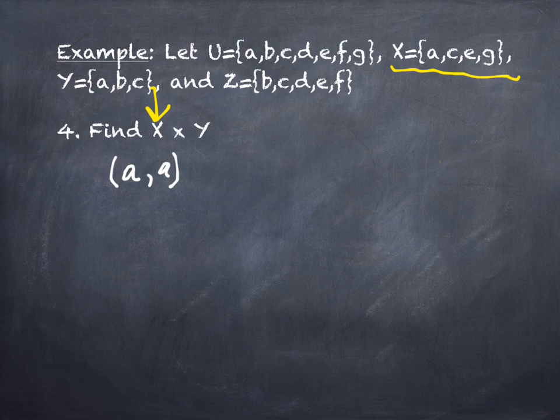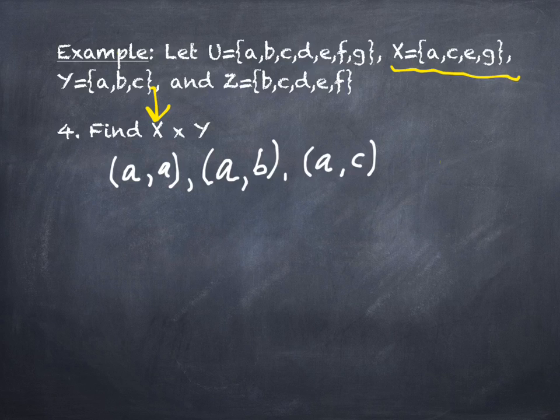We have to use parentheses right now. We'll bring curly braces back here in a minute, but right now these are ordered pairs, and ordered pairs are in parentheses. Now I'm going to list the first item in set X with the second item in set Y, which is B. Then I'm going to list, finally, the first item in set X with the third item in set Y, which is C.